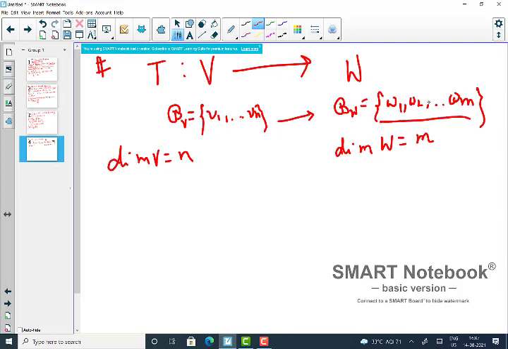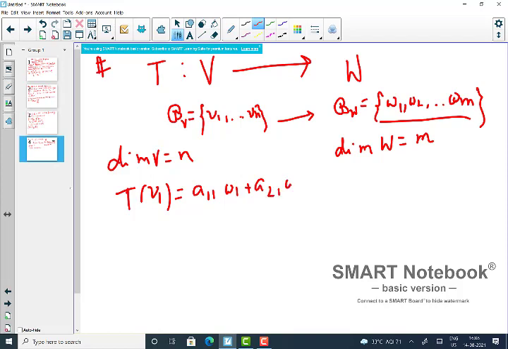So you choose T of v1, which is an element of W, and you can write this as some linear combination of the wi. You can write, say, a11 w1 plus a21 w2, and so on.